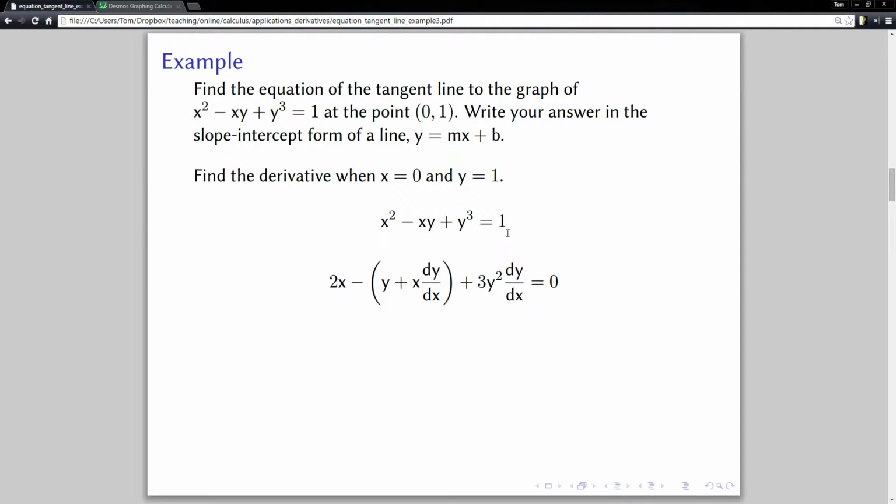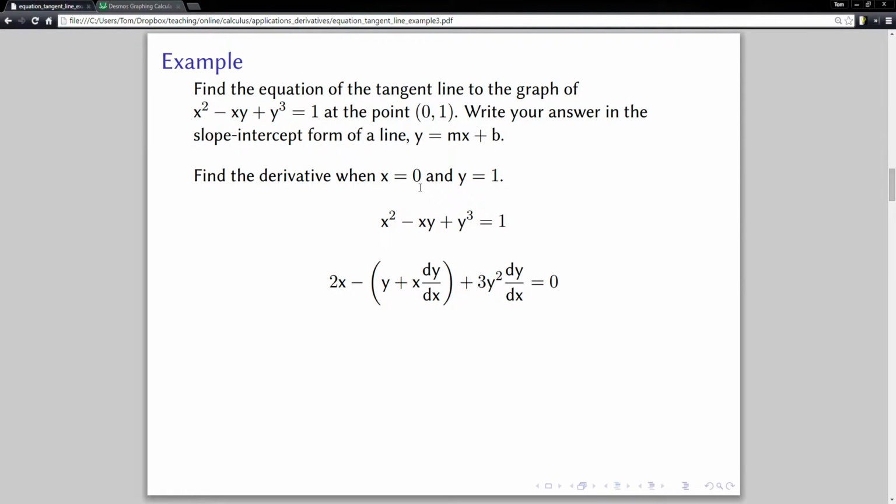I also need to take the derivative of the right-hand side. The right-hand side is just the number 1, which is a constant, so its derivative is just 0. So I have taken the derivative and I could solve for dy/dx algebraically and then plug in 0 and 1, but I don't really have to do that.